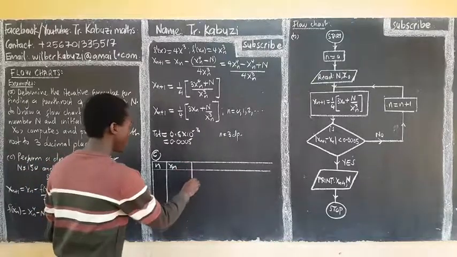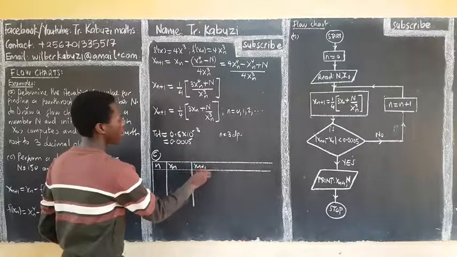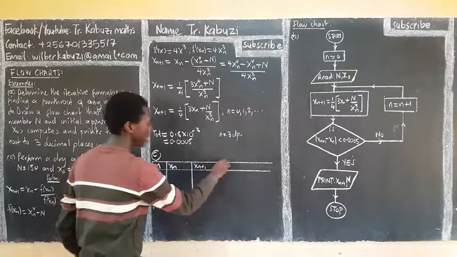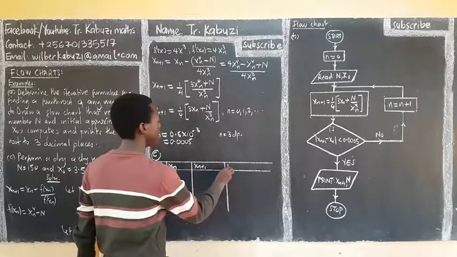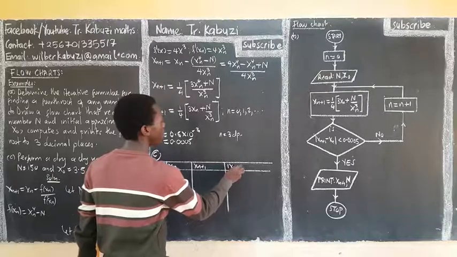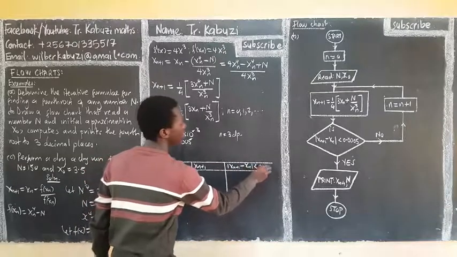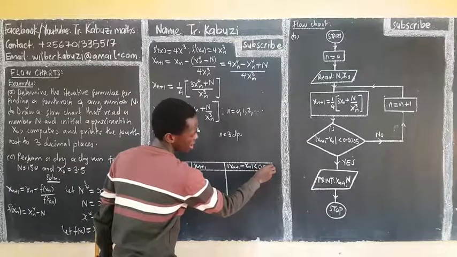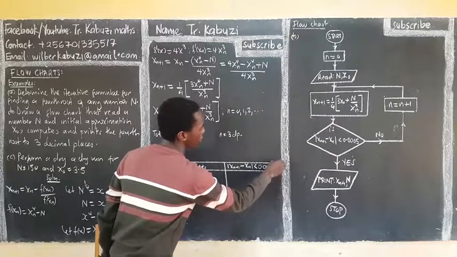So I give this to x(n+1). After getting that x(n+1), I want to check the tolerance: is x(n+1) minus xn less than 0.005? So that's what we are looking for.